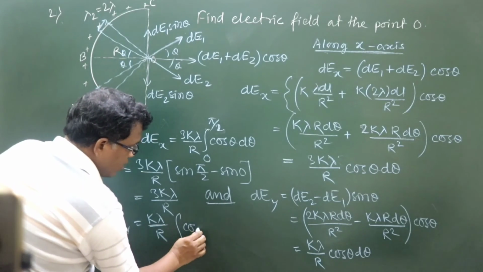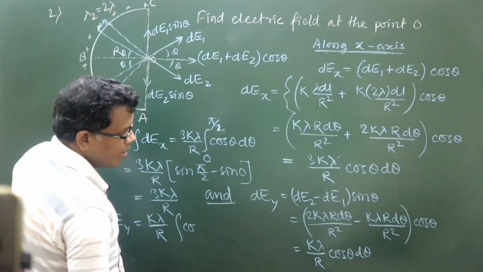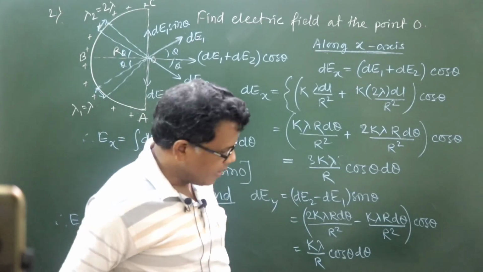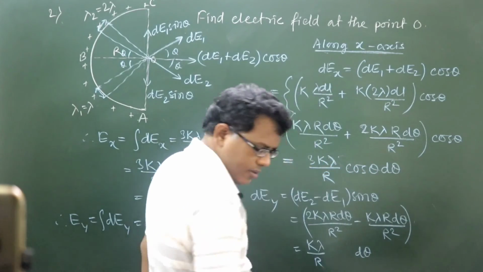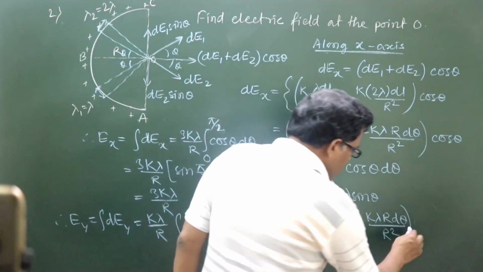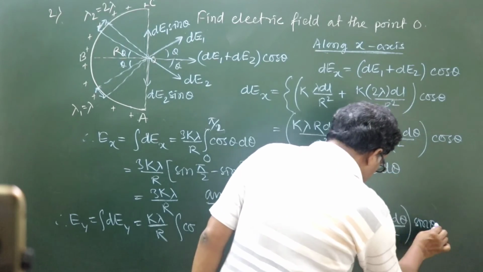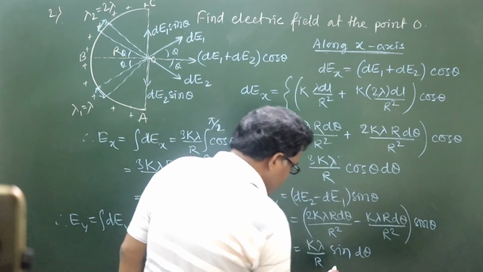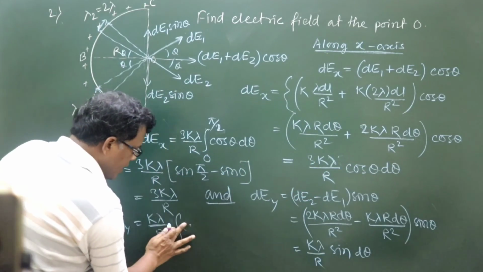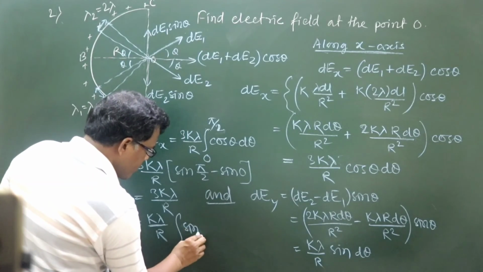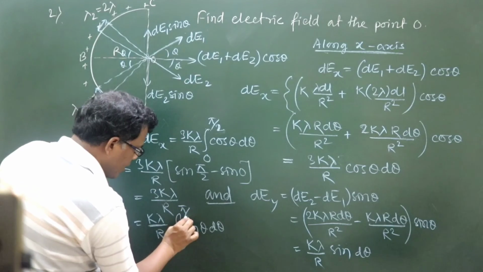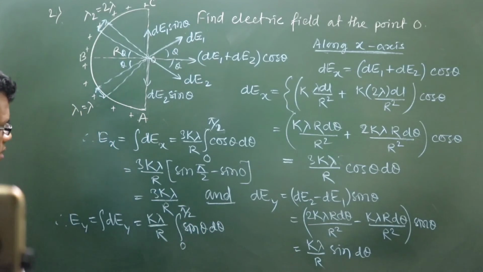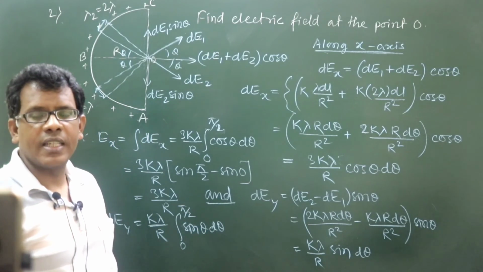Sorry, I have made a mistake. Here it was sin theta, by mistake I have written cos. So this time it will be integration of sin theta d theta, limit will be 0 to pi by 2 once again because we have taken two elements at a time.